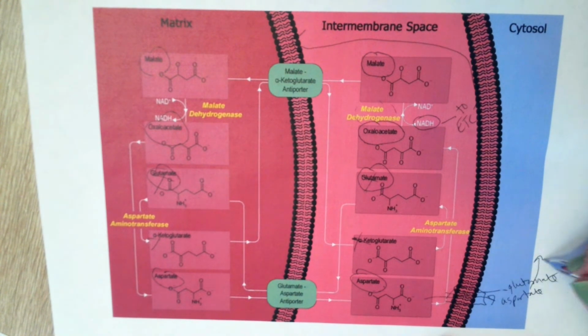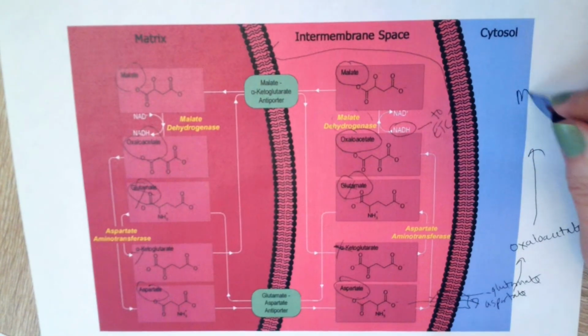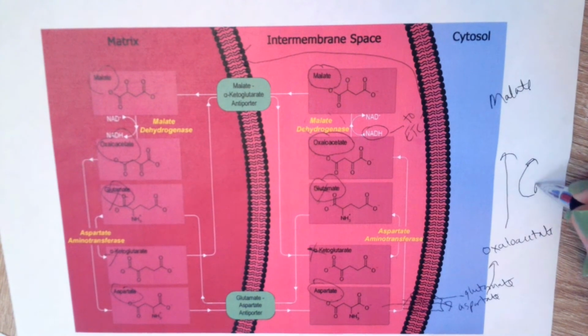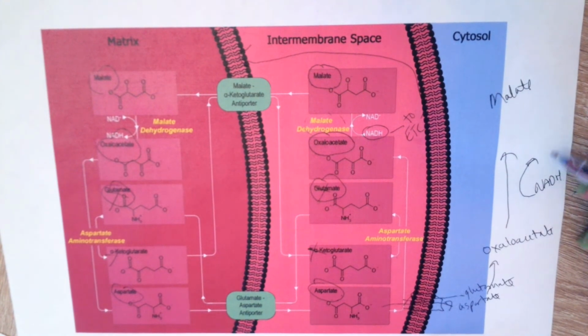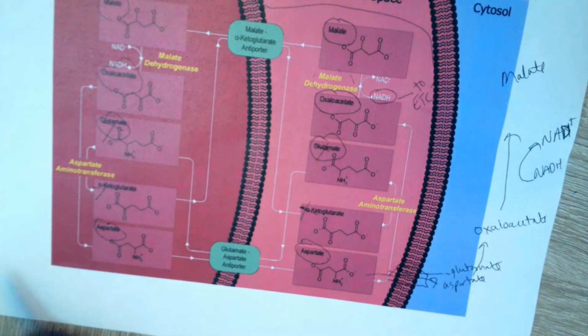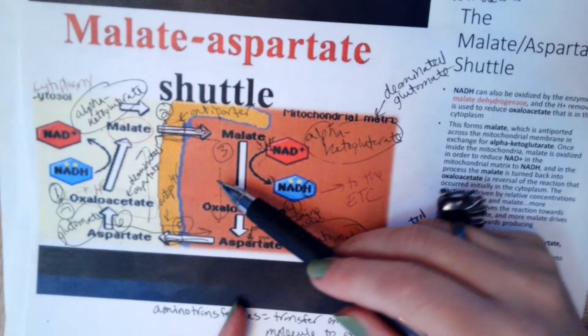And then we would have our whole oxaloacetate back up into malate and NADH, NAD plus. So this is almost like just a mirror image of what we were looking at here. So it's just a flipped version.